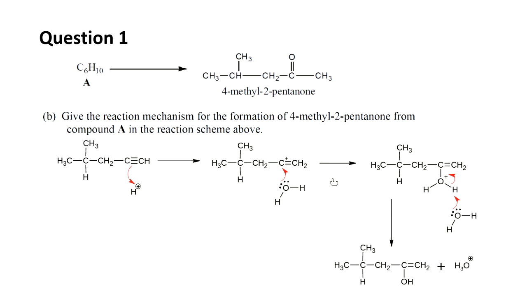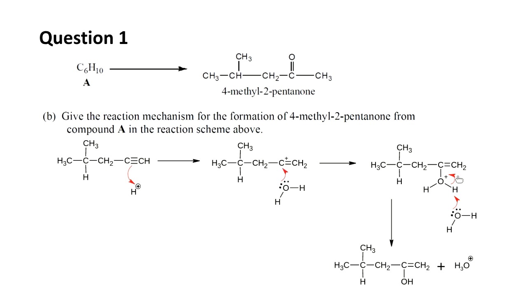So the alkyne acts as a nucleophile, picks up the electrophile, which is a proton. It obeys Markovnikov's rule. And so the carbon that has the most hydrogens receives the proton, which makes carbon number 2 the carbocation.